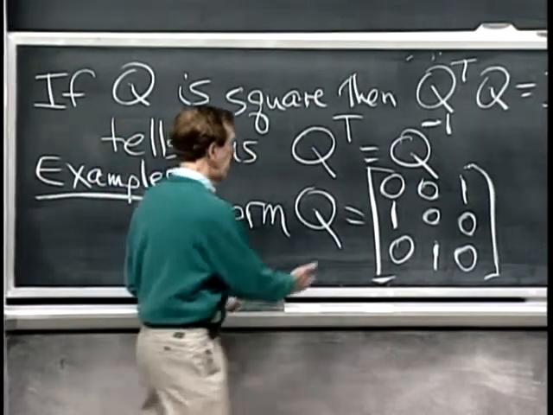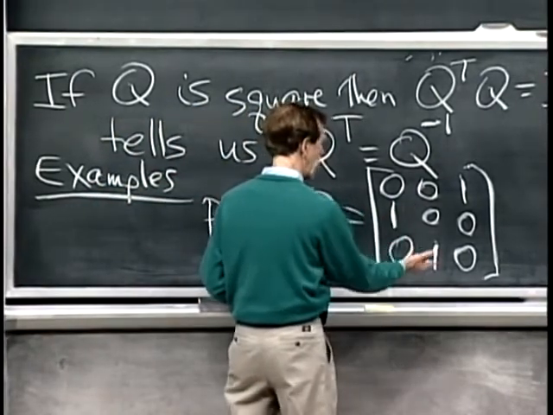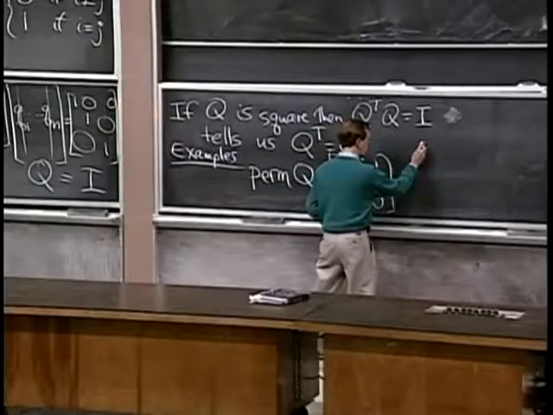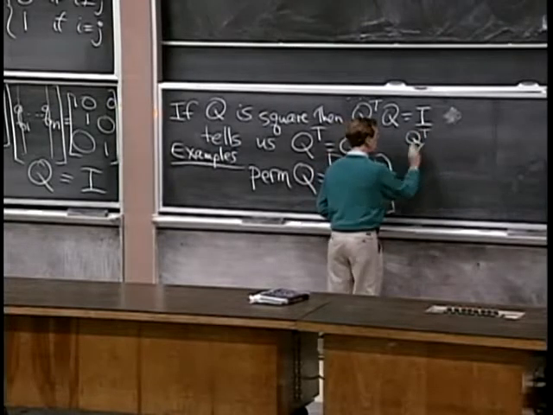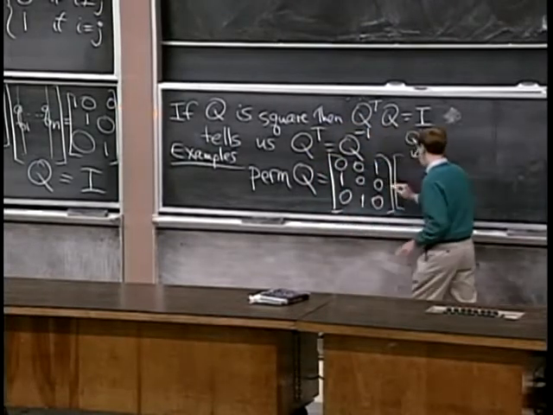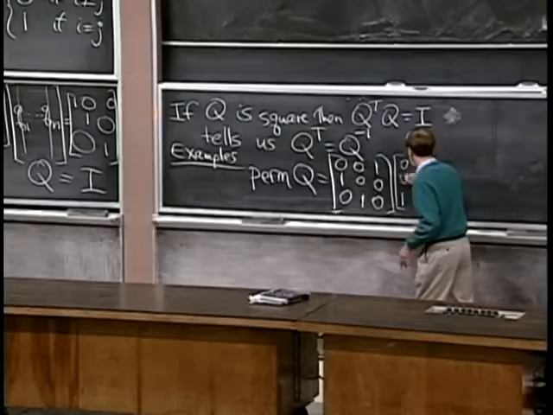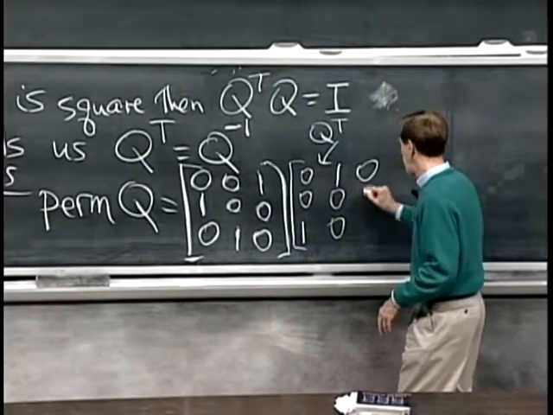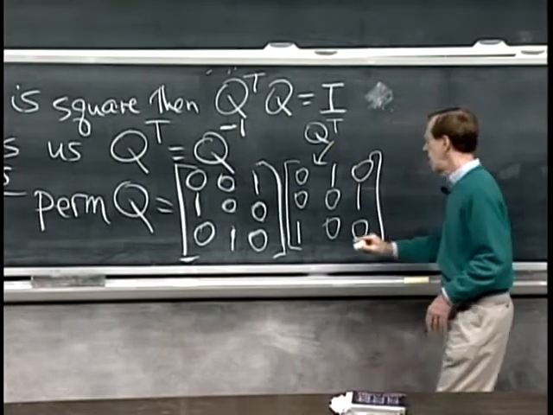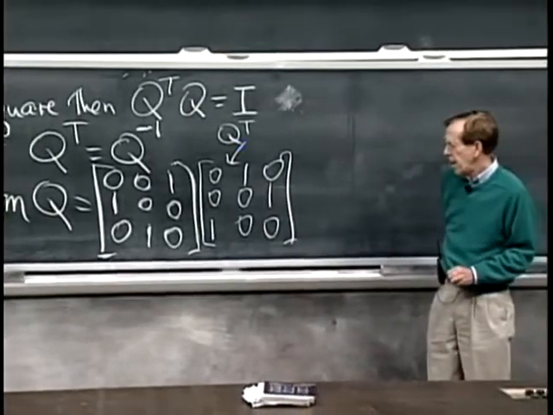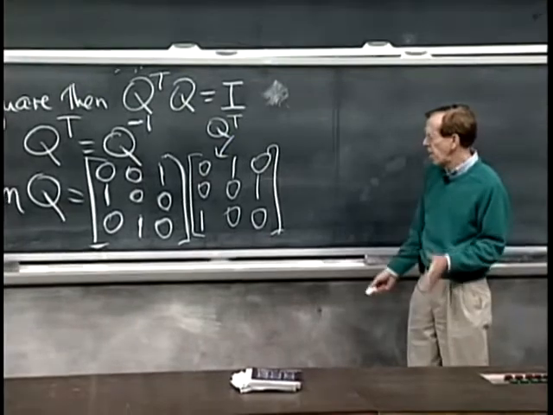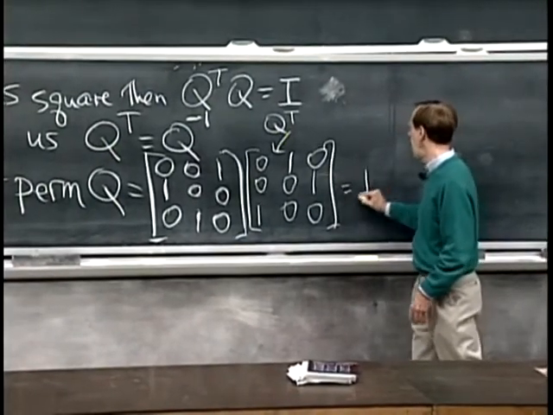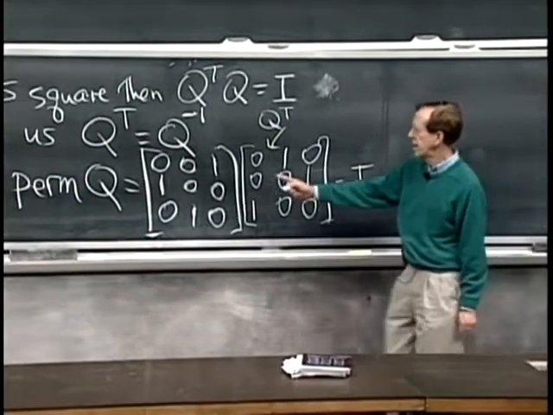And if I took its transpose, if I multiplied by Q transpose, shall I do that? Let me stick in Q transpose here, just to do that multiplication once more. Transpose will make that into a column, make that into a column, make that into a column, and the transpose is also another Q, another orthonormal matrix, and when I multiply that product, I get I. Okay, so there's an example.